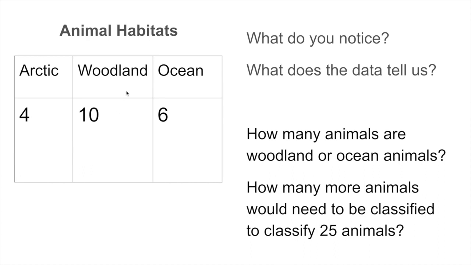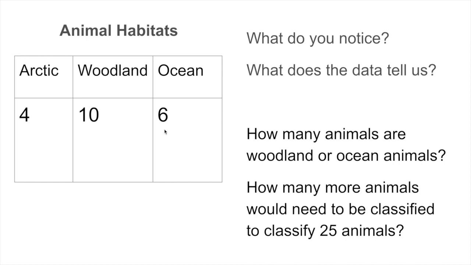The first question asks how many animals are woodland or ocean animals. To solve that, I will add 10 plus 6 equals 16. There are 16 animals in the woodland and in the ocean.